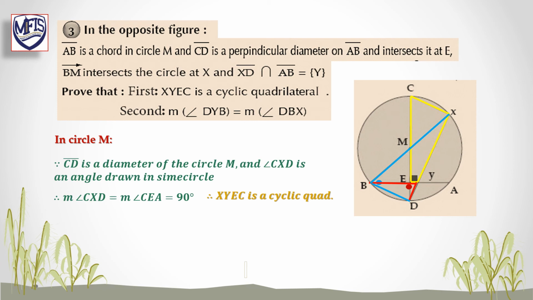Let's see. Now I want to prove that the red angle DYB, this angle, equals in measure angle XBD, the blue angle, this angle. Okay, XBD. What is the relation between the two angles, the red one and the blue one? Of course, there is no relation between them.